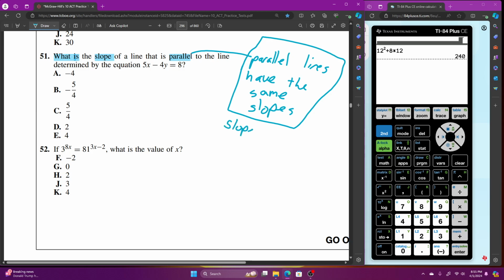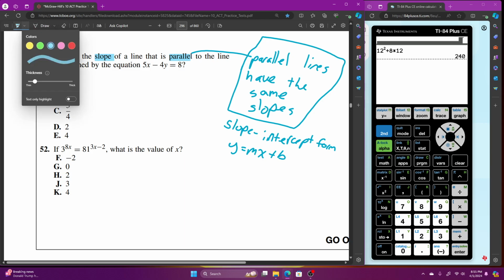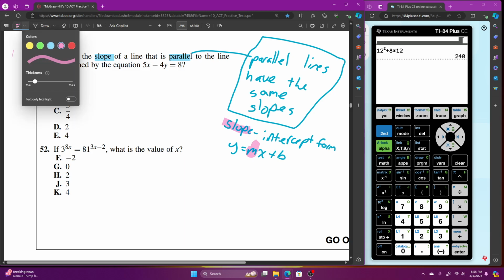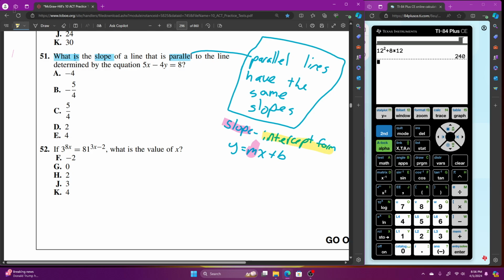Slope intercept form of a linear equation is y equals mx plus b, where the slope is m and the y-intercept is b.